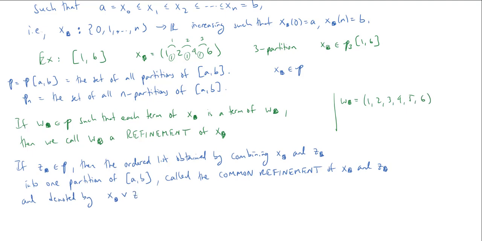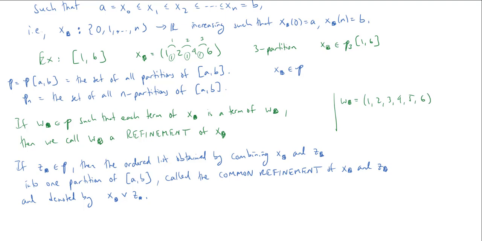This little wedge symbol. Looks kind of like a V, but it's a little higher. You might think of it as an OR, all right, from logic, but this is the notation we'll use for a common refinement.